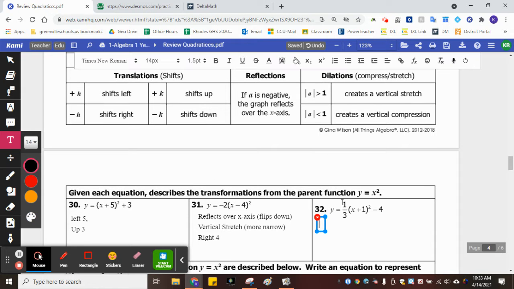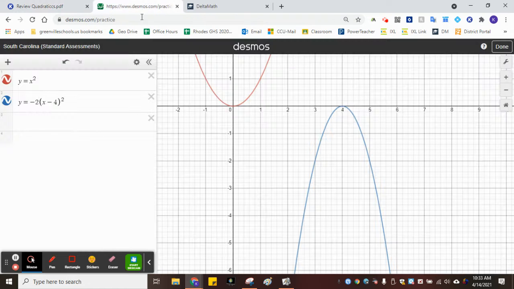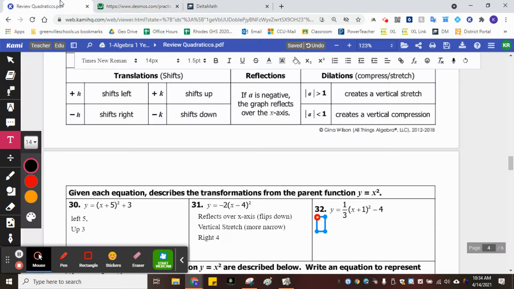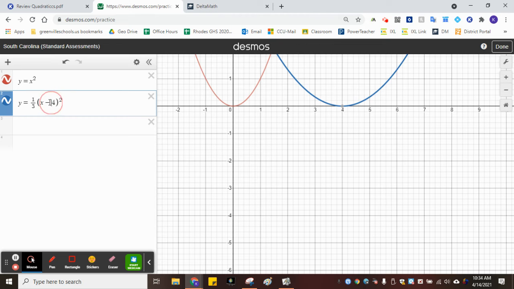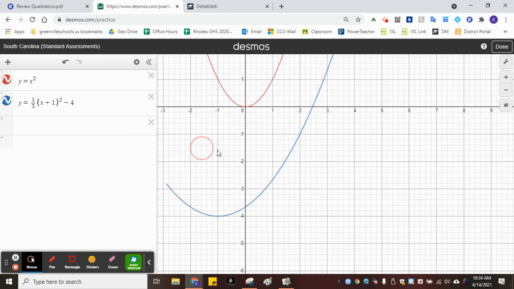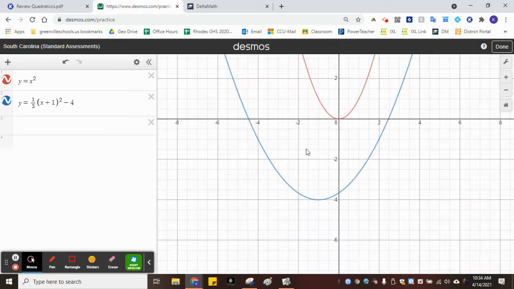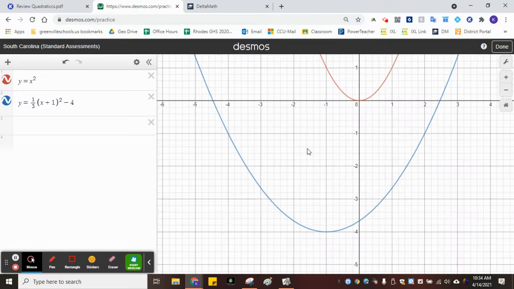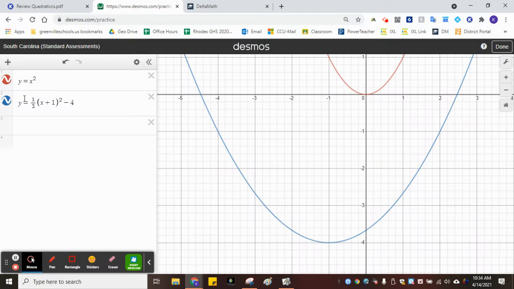The next one, 1/3 (x plus 1) squared minus 4. So each number does something to your original graph.